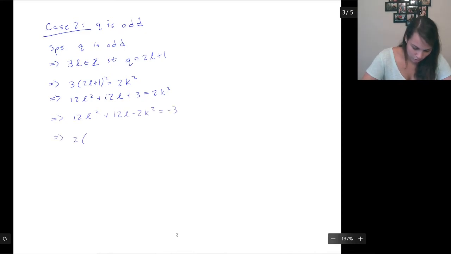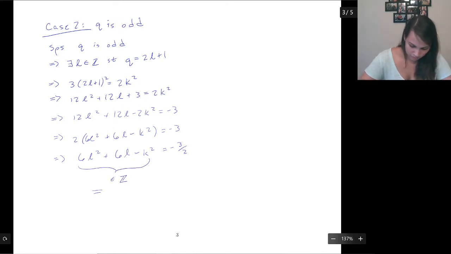Factor out a 2 and say 6L squared plus 6L minus k squared equals negative 3. Then 6L squared plus 6L minus k squared is equal to negative 3 over 2. This is an integer, so we have a contradiction.